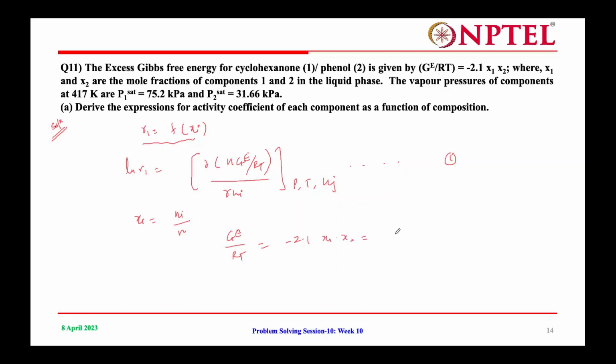So we can write it as minus 2.1 n1 into n2 divided by n1 plus n2 squared. Now multiplying both sides by n, n GE by RT equals minus 2.1 n1 n2 divided by n1 plus n2, right?